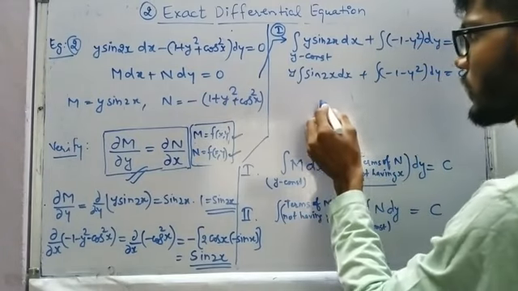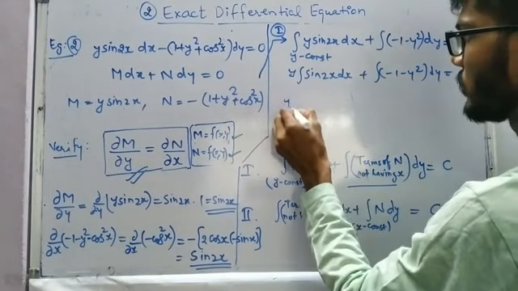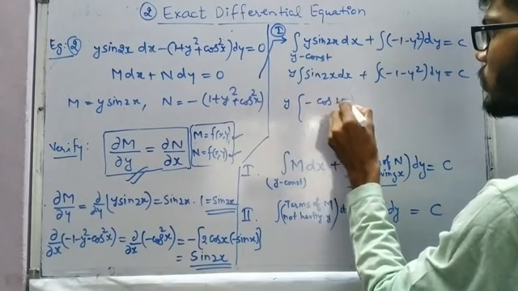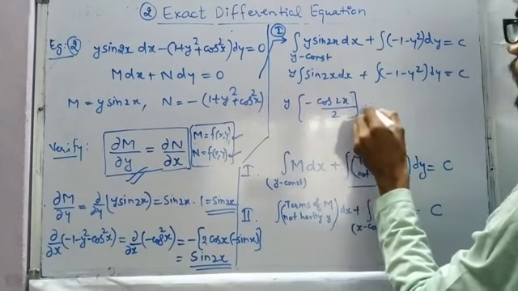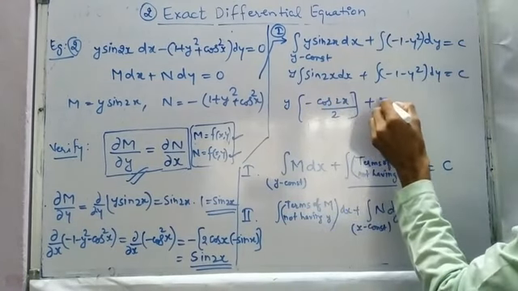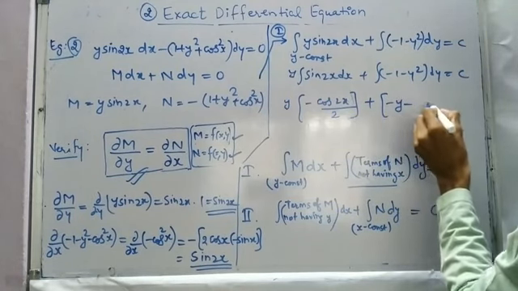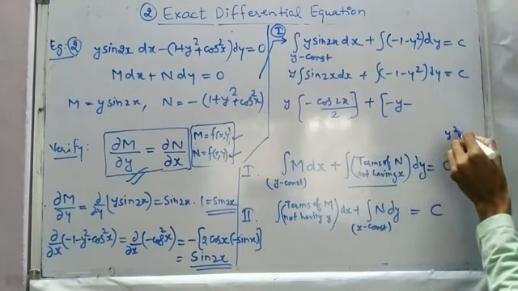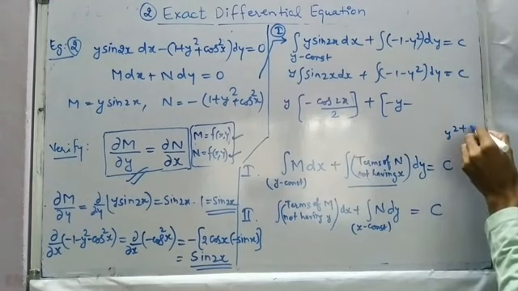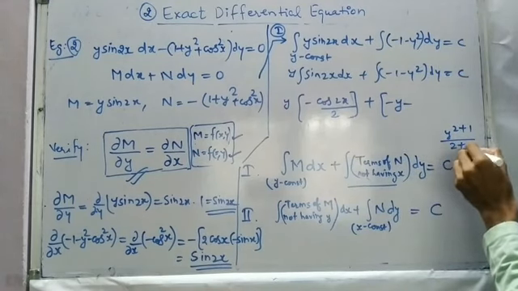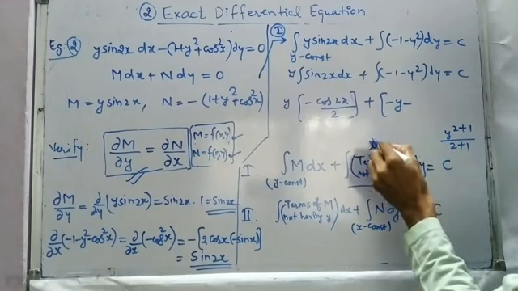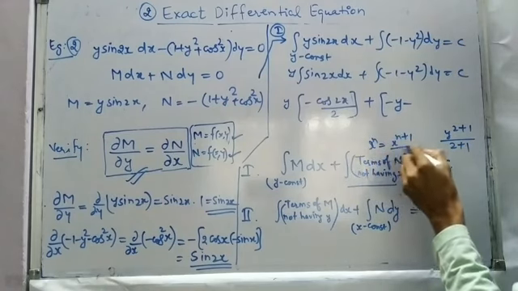So integration of sin is minus cos, so minus cos 2x divided by 2, and plus integration of minus 1 with respect to y is minus y, and then integration of y square. Integration of x power n is x power n plus 1 upon n plus 1, right?